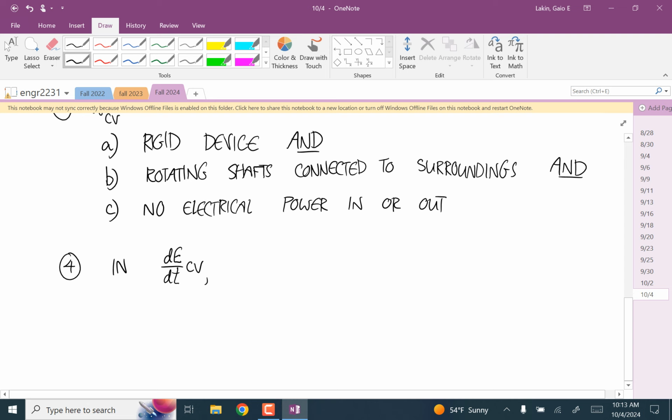The change in kinetic energy and the change in potential energy are usually small.